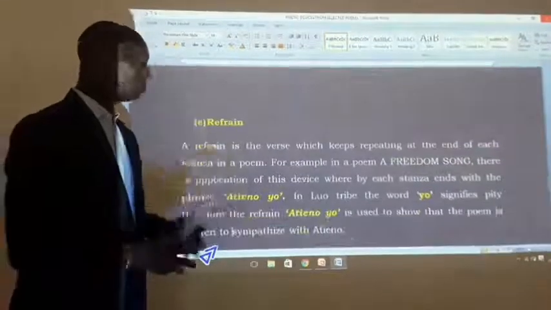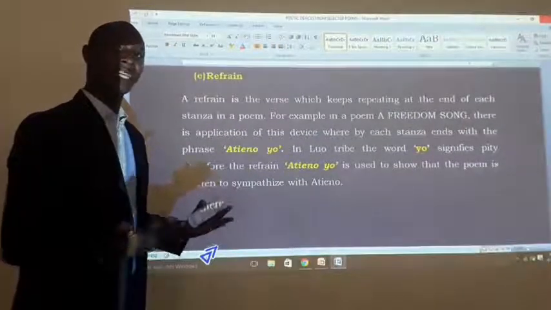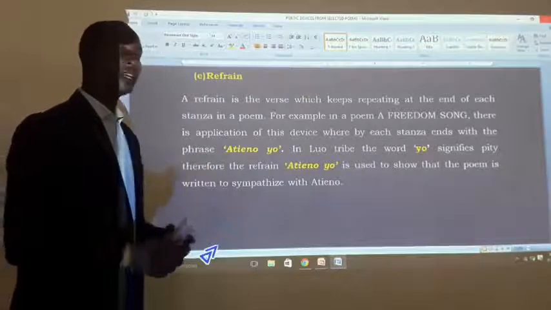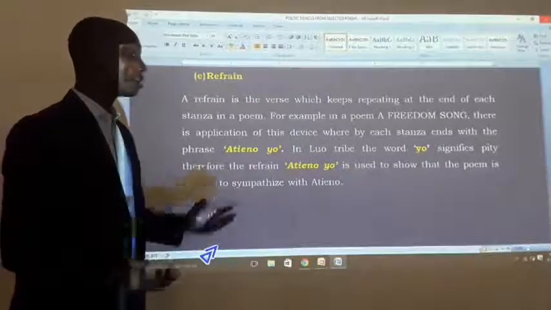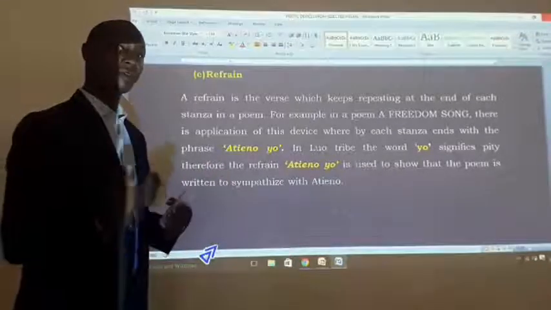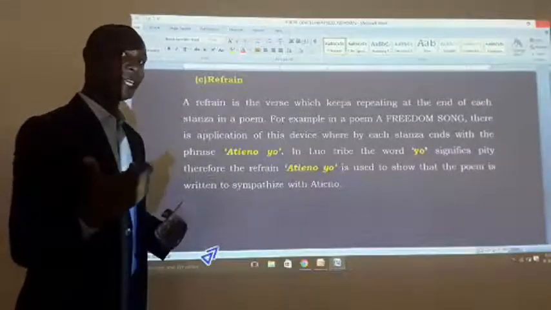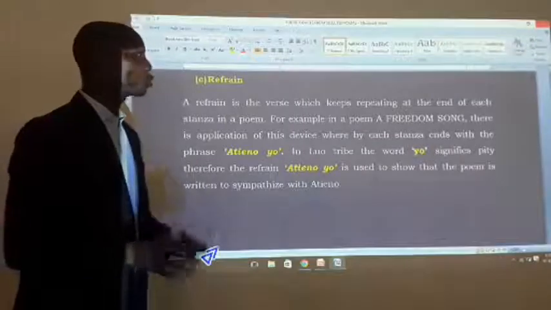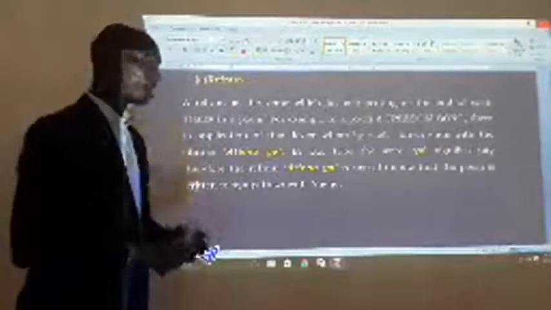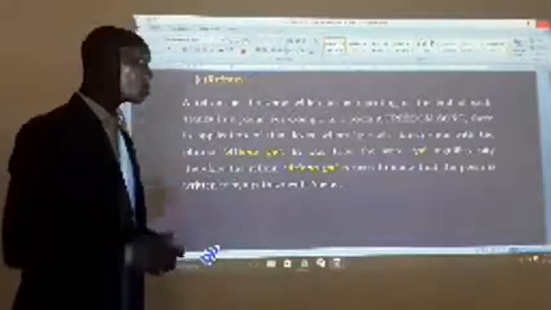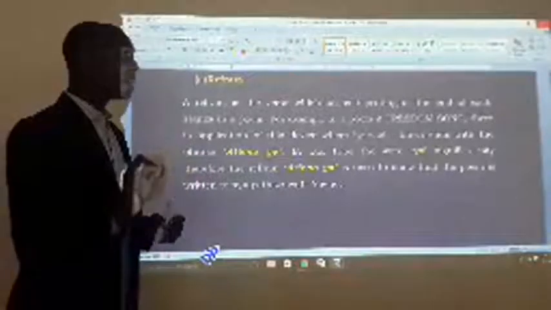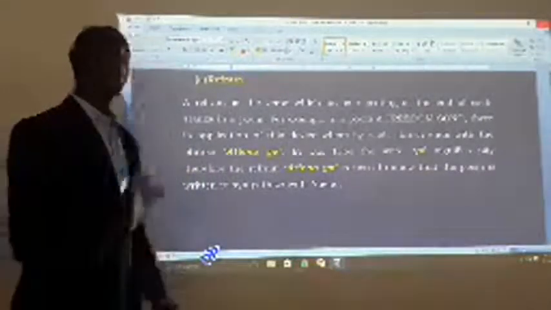Apart from rhyme, there's also refrain, and this has also been one of the common poetic devices used by many poets, and it's common even in the poems we always read. What is the refrain? This, in fact, is a kind of verse which keeps repeating in each stanza. Many poets use this technique in order to emphasize an idea. For example, in the poem A Freedom Song, each stanza ends with the phrase Etienne.